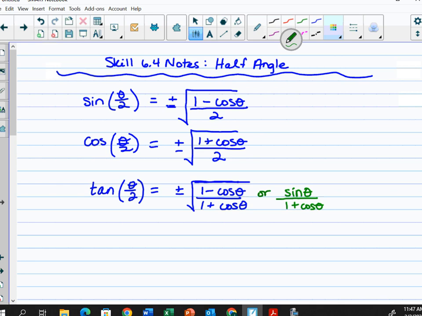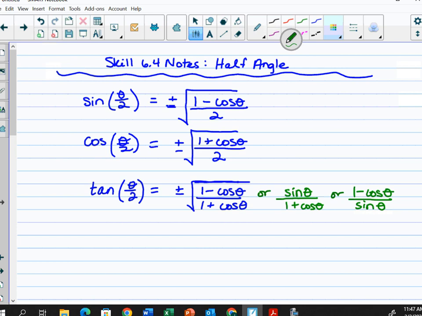Yes, it's definitely easier. Sorry, I'm just writing out what the other one would be. Or you could do, there is another one. You could do 1 minus cosine theta over sine of theta. So those are all equivalent.